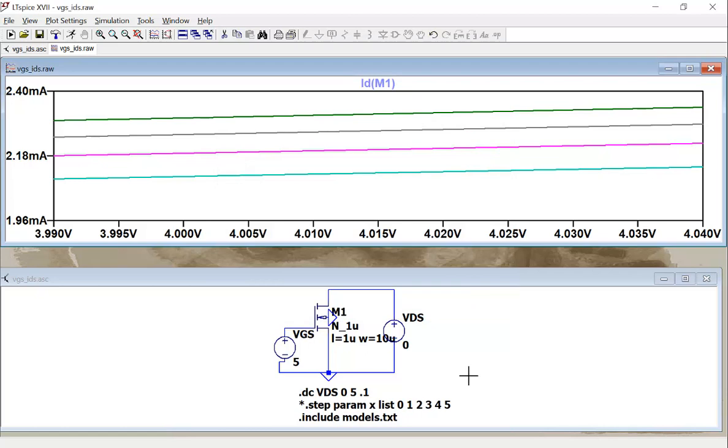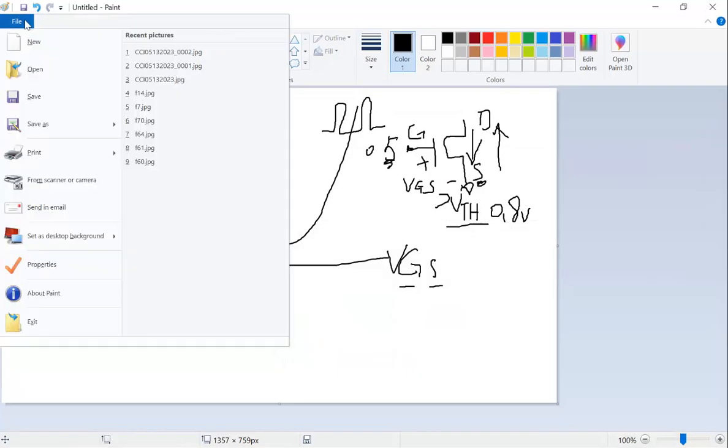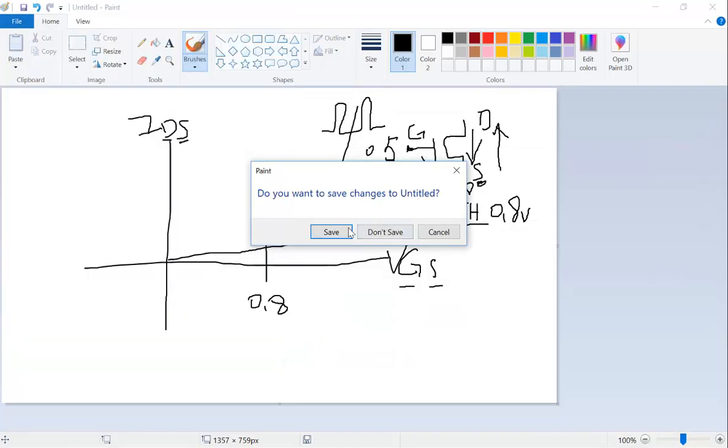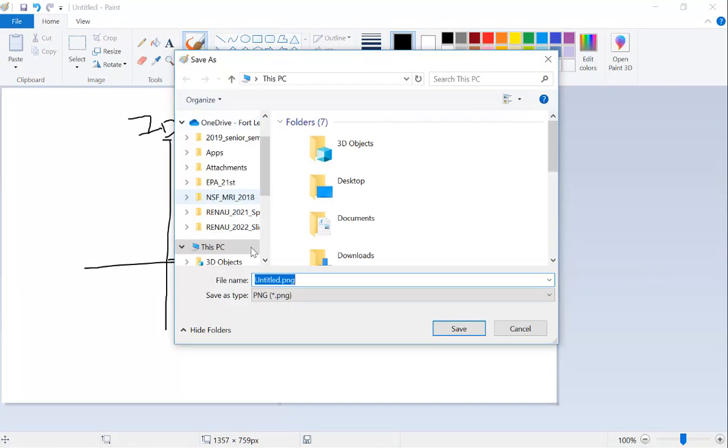I'm commenting out this line, so this is not being executed. It's basically just a certain VGS and a sweeping VDS. Yesterday I did it really quick for you guys. Save it on the desktop.